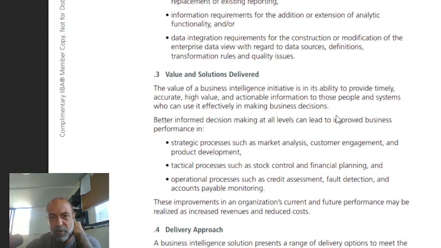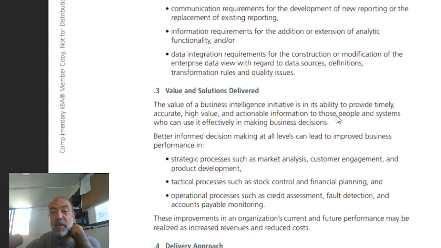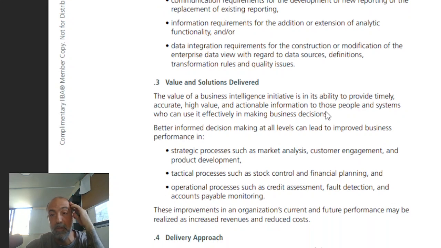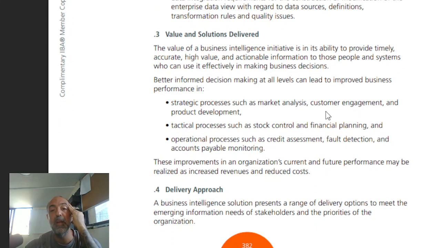It's like transformation rules. And how these things happen on each level, right? Because the requirements differ at each level, information requirements differ at each level, and data integration requirements differ at each level. Value and solution delivered.